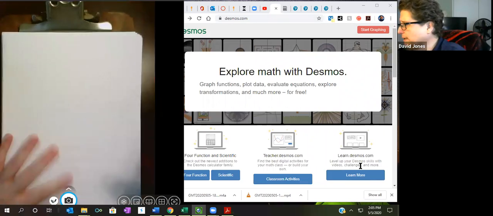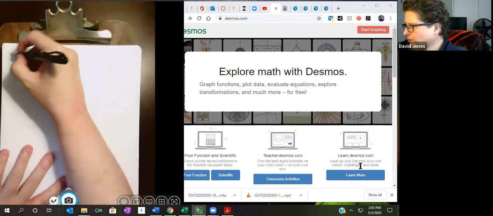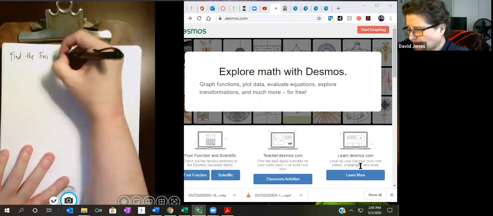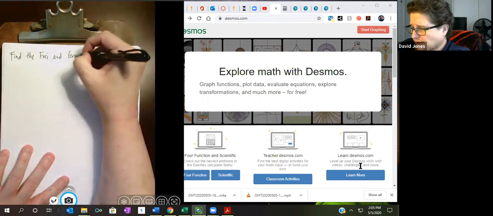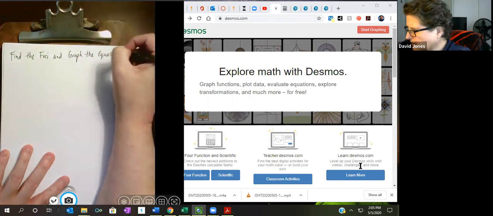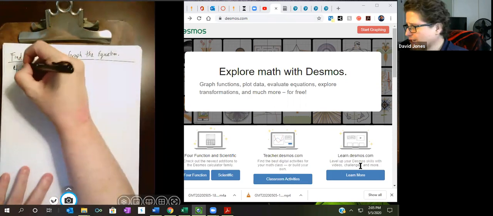So example 1, let's find the foci and graph the equation. And we'll start off in a form that is not traditional.